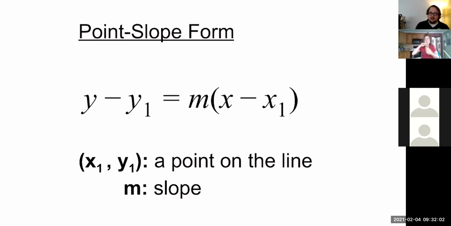Point-slope form, you need to know any old point, and you still need to know the slope. But so long as you have that information, we can navigate through this new form, point-slope form, and make some adjustments and still end up at that slope-intercept form that we really prefer our equations to be.